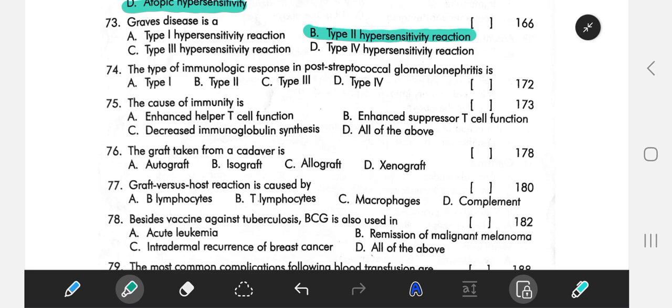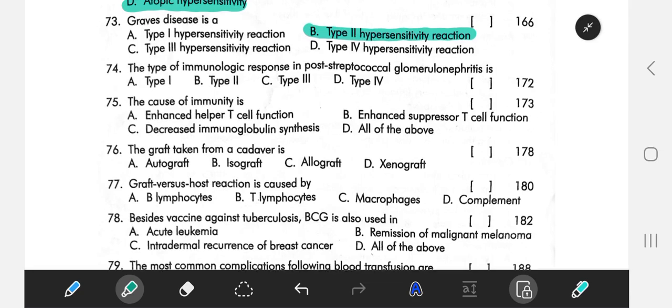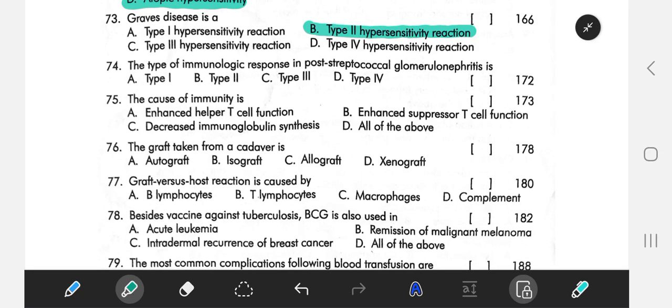74. The type of immunologic response in post-streptococcal glomerulonephritis is option A, type 1, B, type 2, C, type 3, D, type 4.